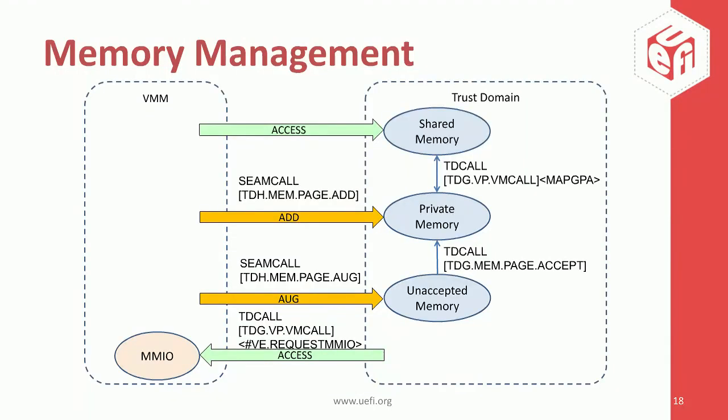The memory management is one of the most complicated parts in the TDVF because of the new concepts. In a traditional VM, we only have physical memory and MMIO. In a TD, there are three different types of physical memory. That is private memory, shared memory, and unaccepted memory.